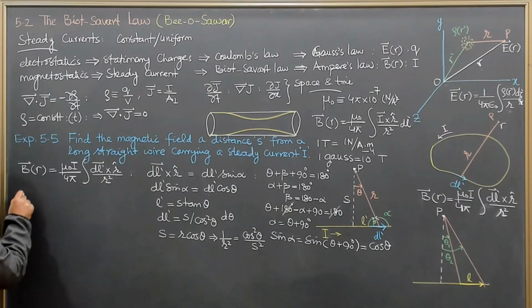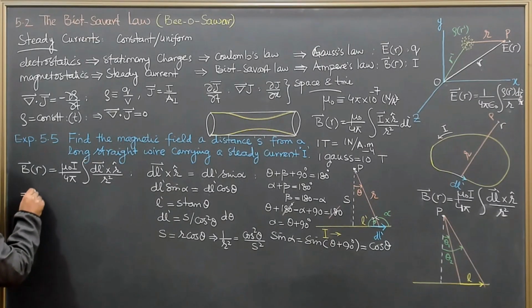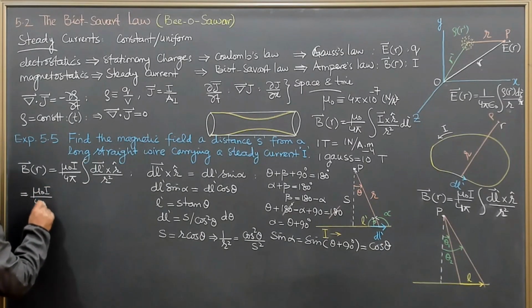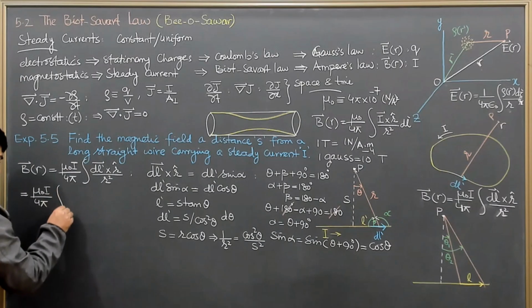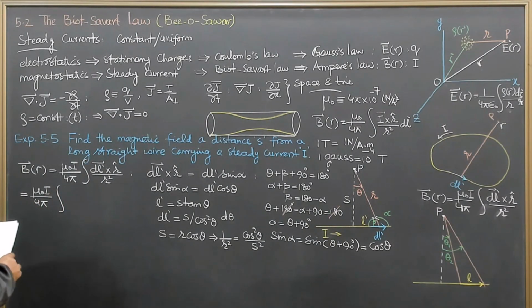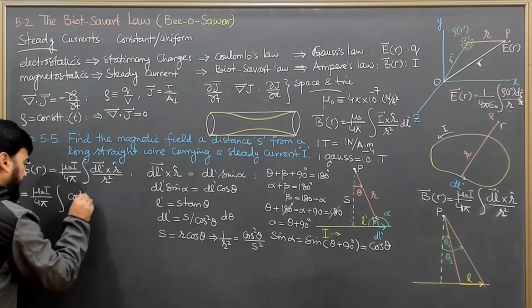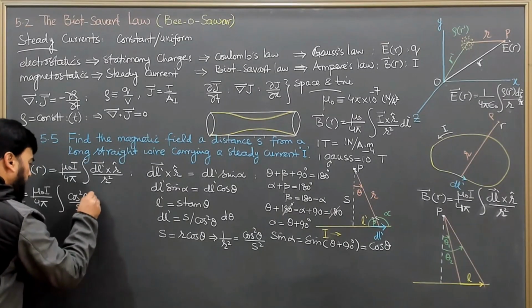Then B of R is equal to mu naught I over 4 pi in integral. So for dl, for 1 over r square, I can write cos square theta over s square.